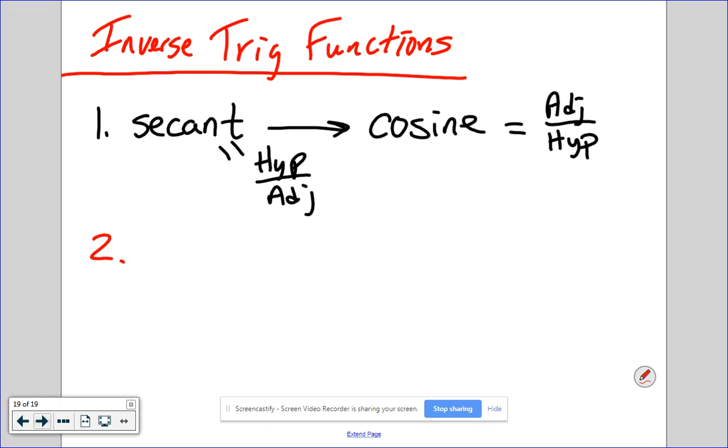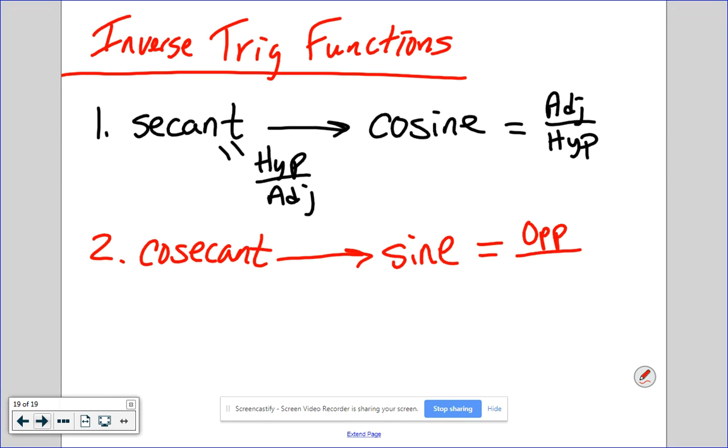The second one is cosecant. Cosecant goes with sine. Sine is opposite over hypotenuse. So if sine is opposite over hypotenuse, then cosecant is hypotenuse over opposite.